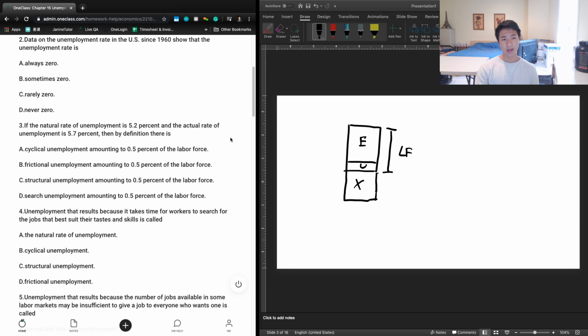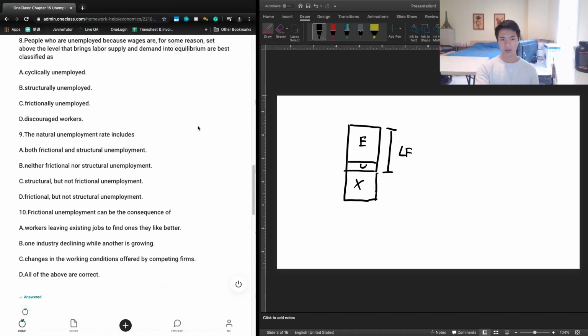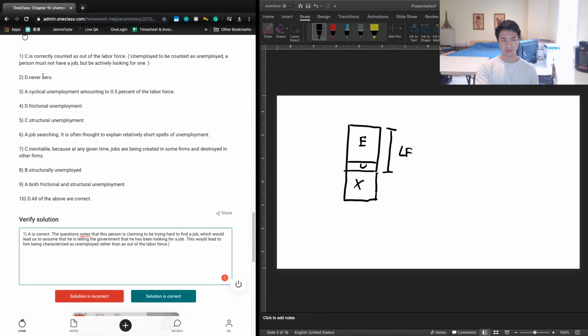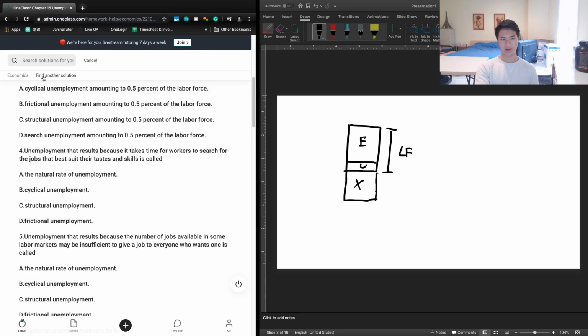So we're going to say that it's never 0, and D is the right answer. This is just historical data that we have to remember in order to get the answer right. So 2, D says never 0, which is great. So that's the right answer.